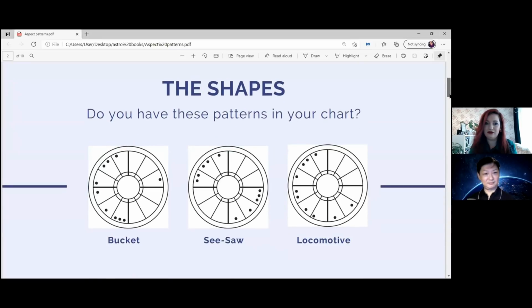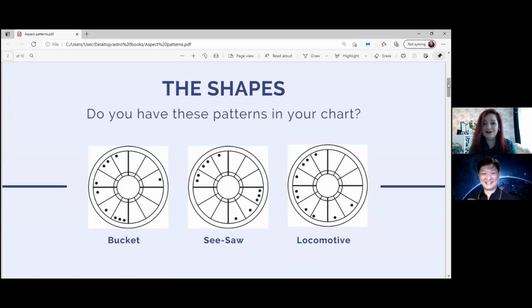But there we go. We are going to talk about the bucket, the seesaw, and the locomotive. I'm excited now. One of these three is my chart shape. Yeah, we have somehow distributed the shapes so that you can talk about my type of chart, and I'll be talking about your type of chart.